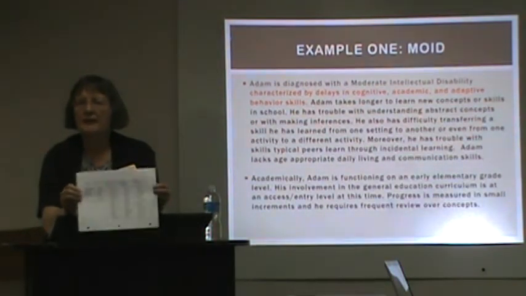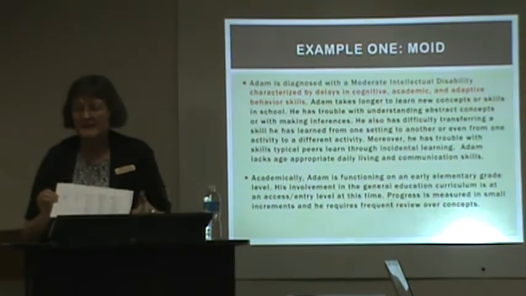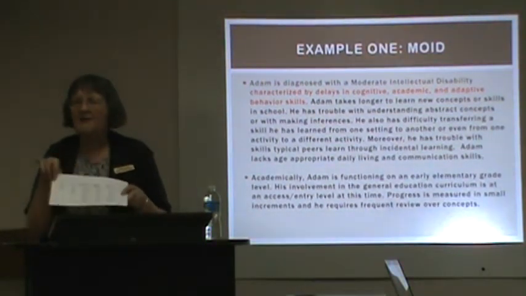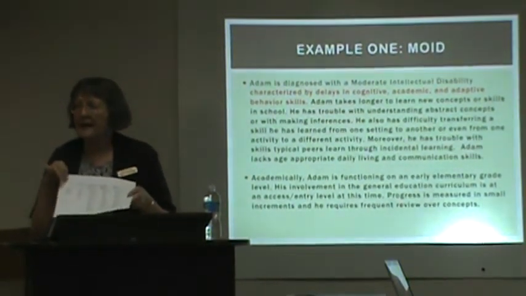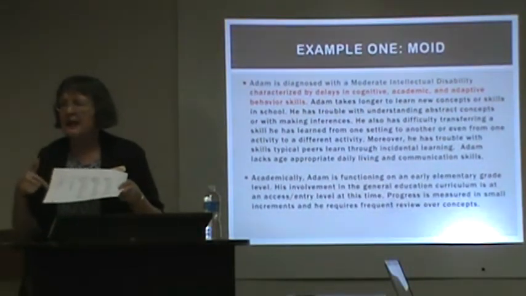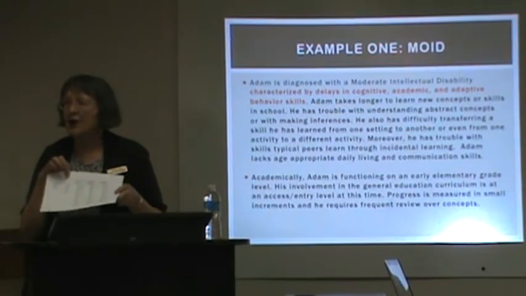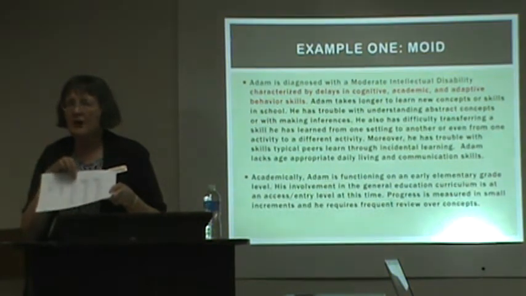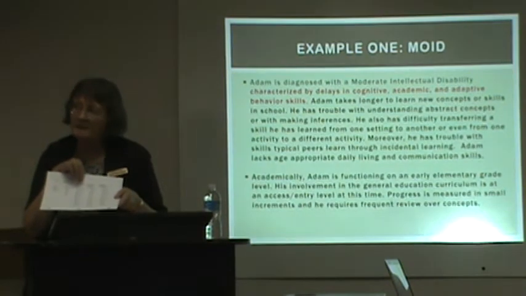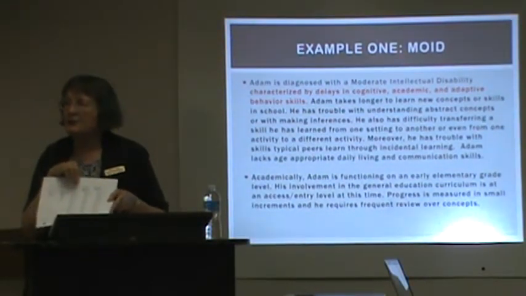So on your intellectual disability, notice that you have 5 columns. Okay? The first one is just the name of the disability. Then you have the characteristics of that disability. Then you have various ways those characteristics might impact a student's educational performance.